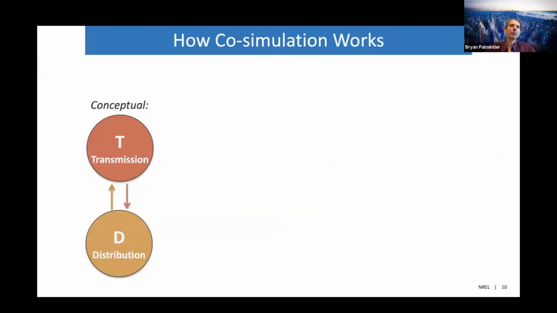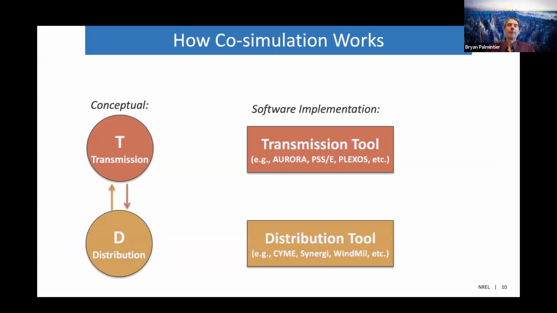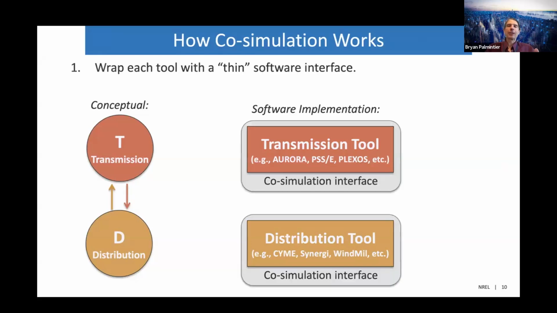So just to make sure we're all on the same page about what that means, conceptually, if we were imagining a transmission and distribution co-simulation happening, we would have a tool for transmission and a tool for distribution. Those could be any number of different existing tools. The first thing would be to have a thin software wrapper around those that allows the data exchange and pausing of time.